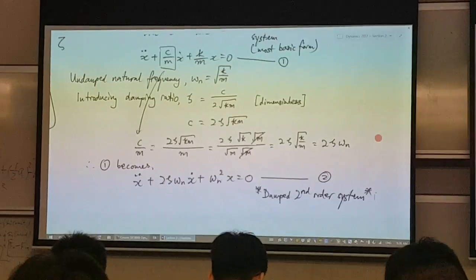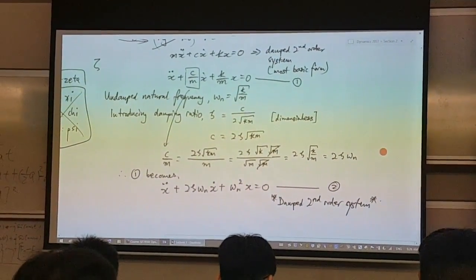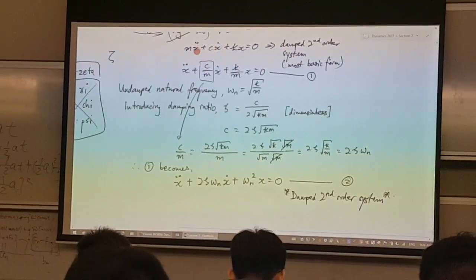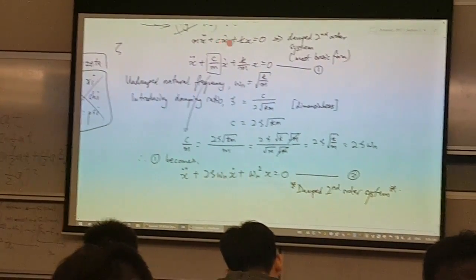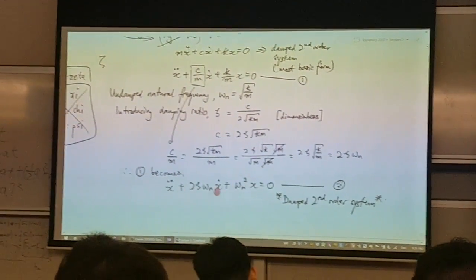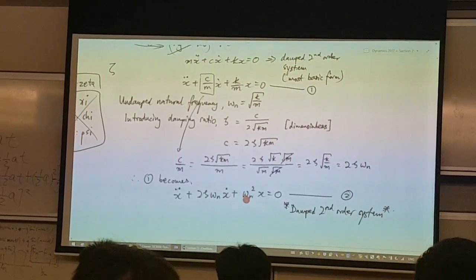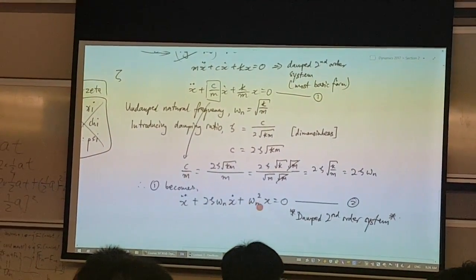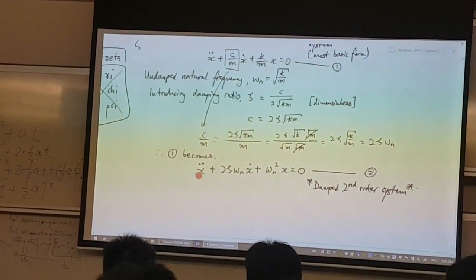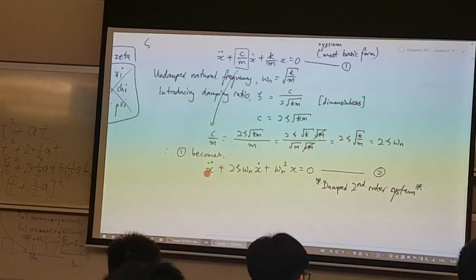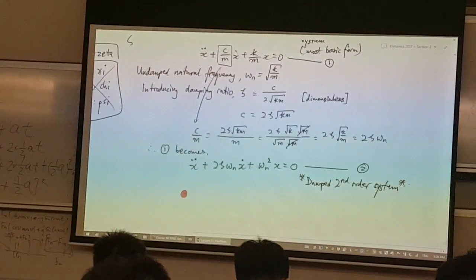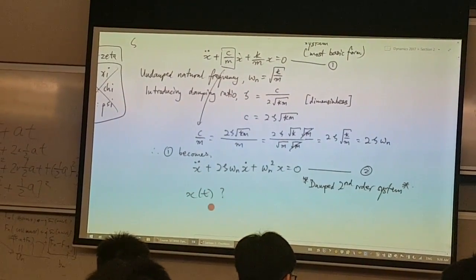So you have seen this damped second order system. I wrote it over here in terms of mass, damping coefficient, and spring constant. That can be expressed similarly in this following way, and this is the one that you get to see more frequently. If I have this kind of second order differential equation, we always would like to find out what x of t is.